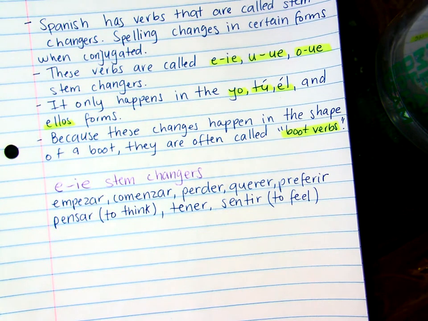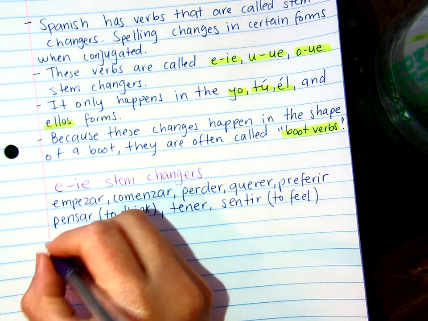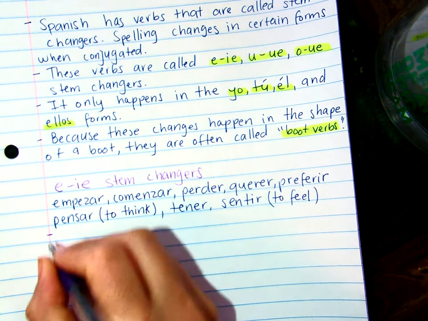Alright, so these are the verbs that will change an E to an IE. So there's a rule to it.